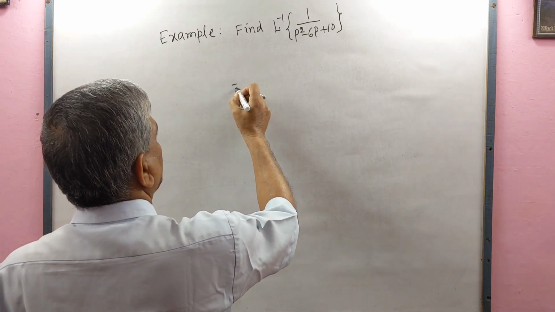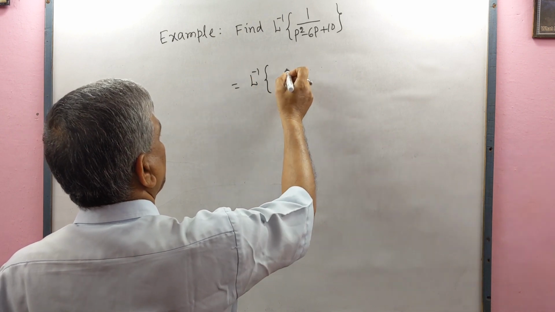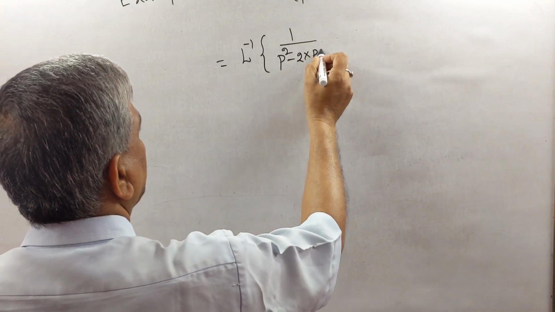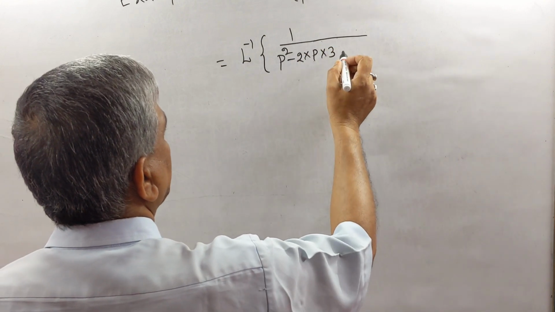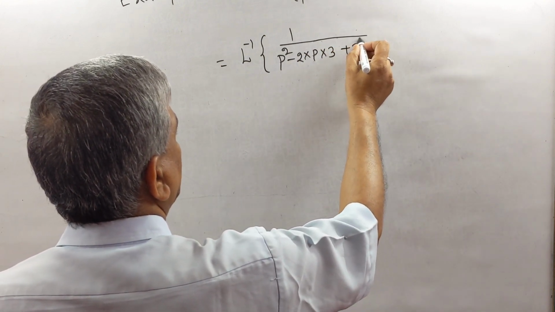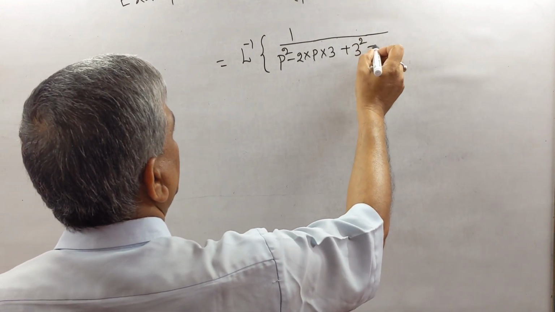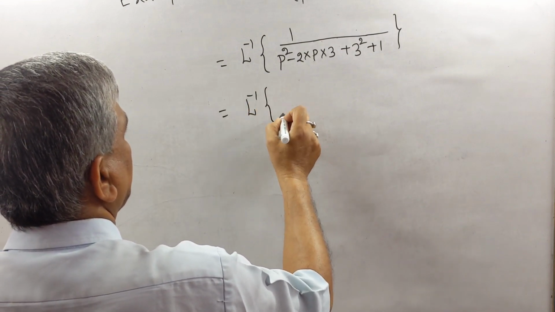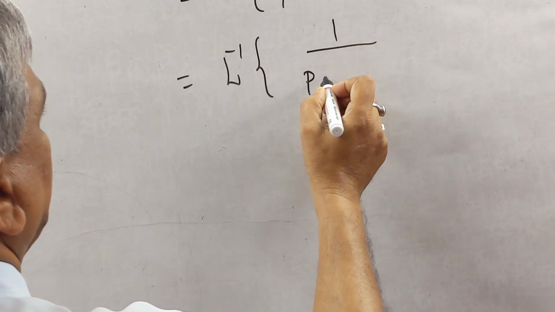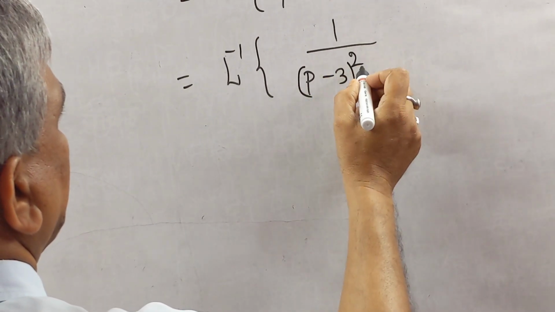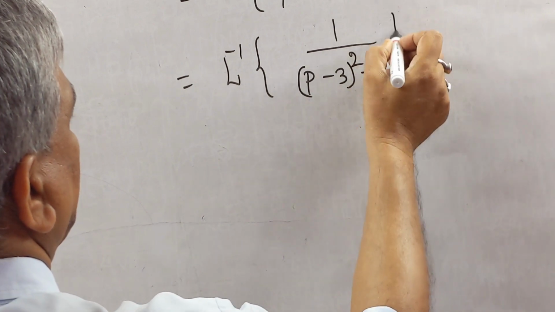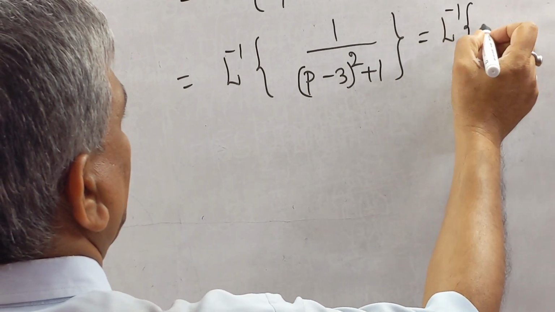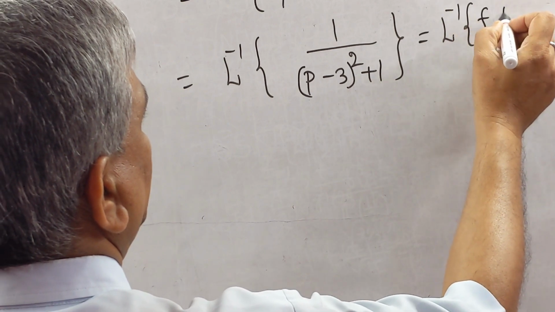Here we may write this as L inverse 1 by p square minus 2 into p into 3 plus 3 square, minus 9 plus 10, which is equal to L inverse 1 by (p minus 3) whole square plus 1. This is L inverse F(p minus 3).